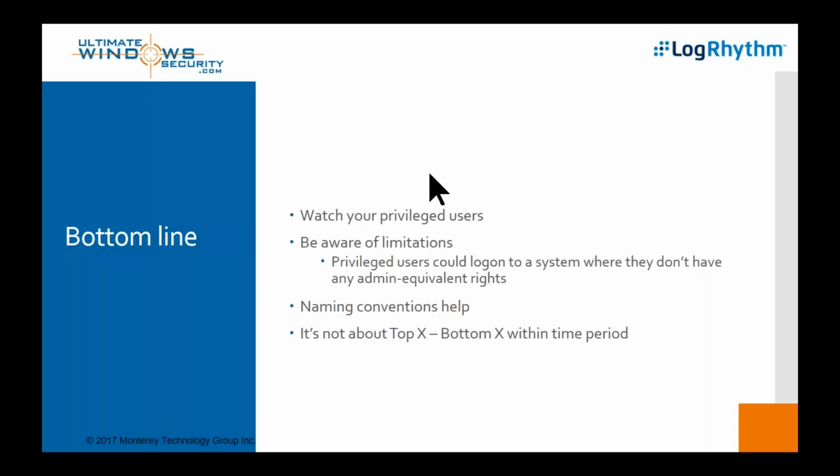For instance, let's say all of your end users begin with U-, just as a possibility in your naming convention. If you suddenly see a U- account banging out a 4672, then that's something to check into right away, because why is that account privileged in the first place? So that's just one reason why I say naming conventions are useful.